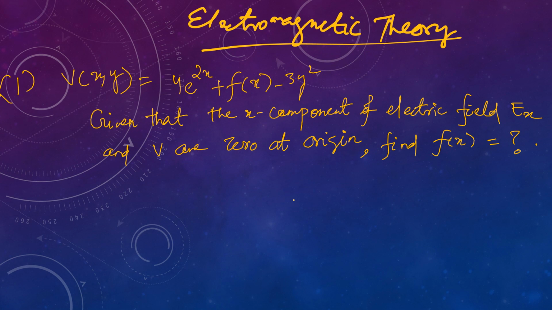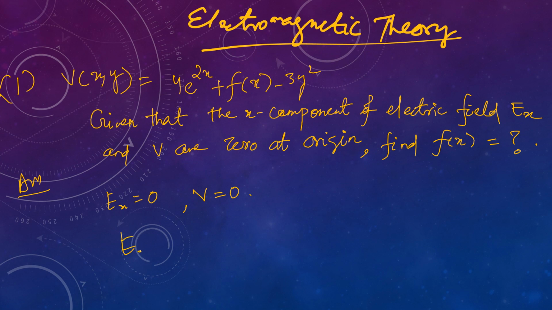V(x,y) is equal to 4 e to the power 2x plus f(x) minus 3y square. Find f(x). What is given? Ex is equal to 0 at (0,0) and V is equal to 0. So what is Ex?